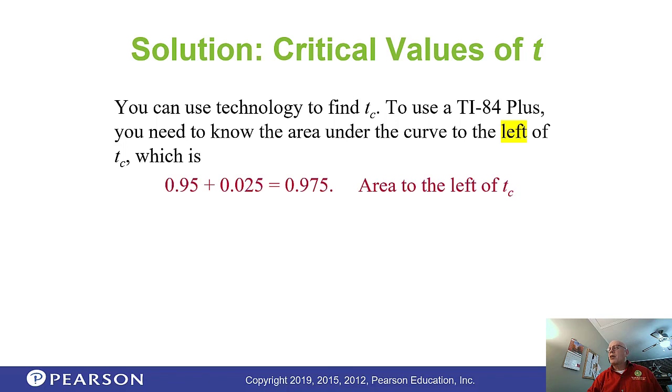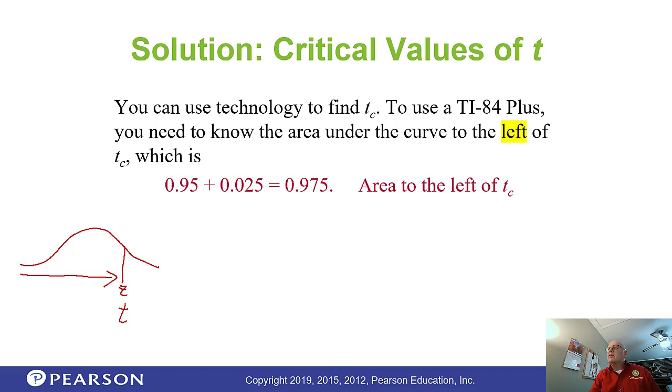Now remember how your calculator works. Typically, your calculator quite often, even with the newer TI-84s, sometimes insists that any area that it calculates or uses starts with negative infinity and goes to a certain point for a Z value, or in this case for a T value.